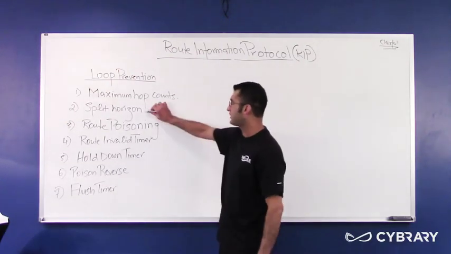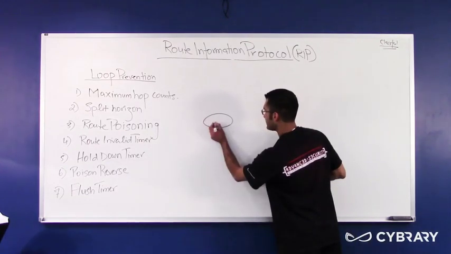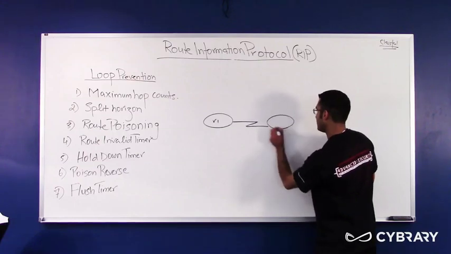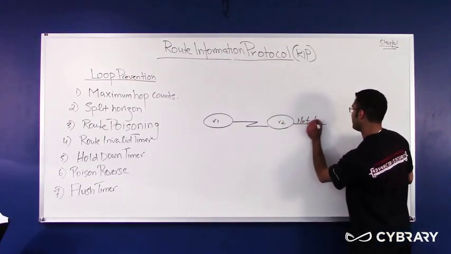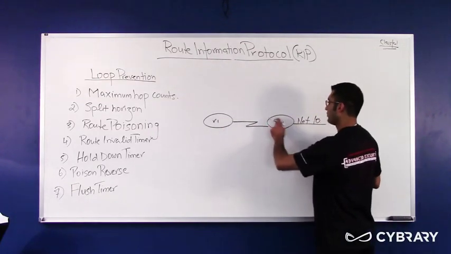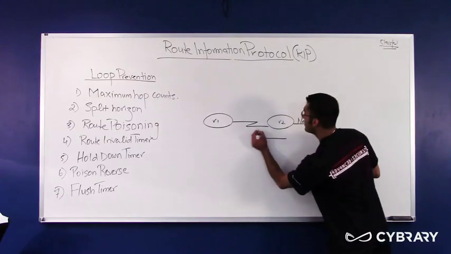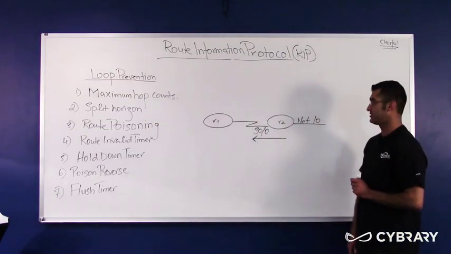The second one is split horizon. Split horizon basically says, let's say this is router 1, and we have router 2, and again, network 10. Network 10 is available to router 1 through router 2. Router 2 is sending updates about network 10 going out serial 0/0 interface, S0/0.